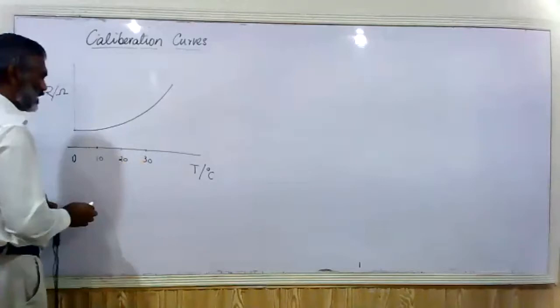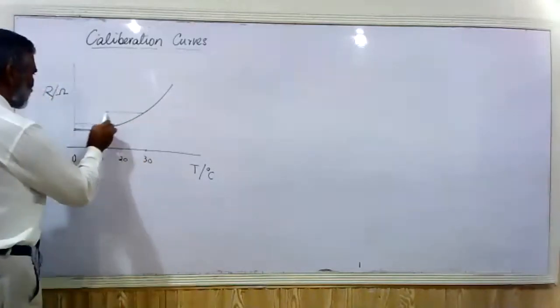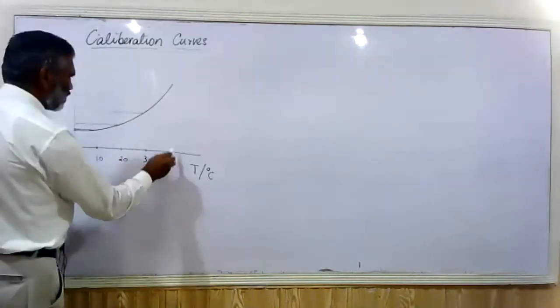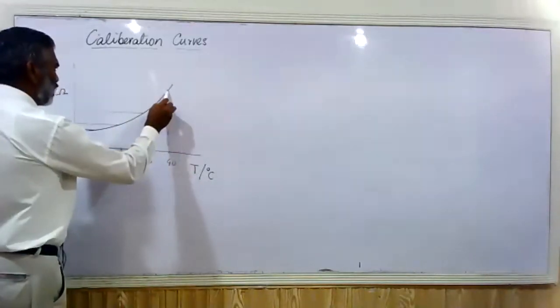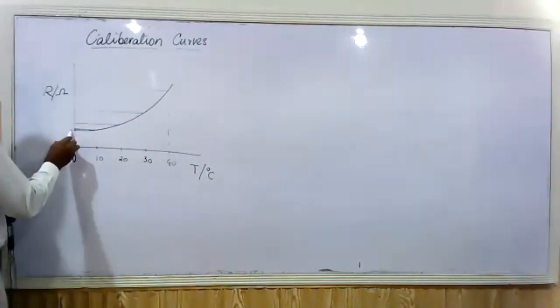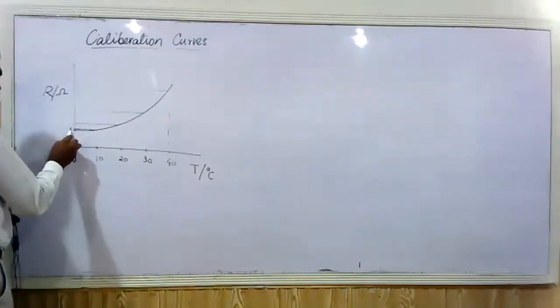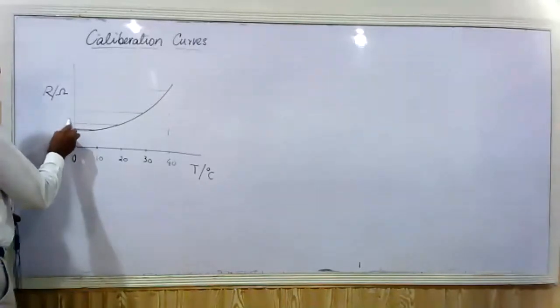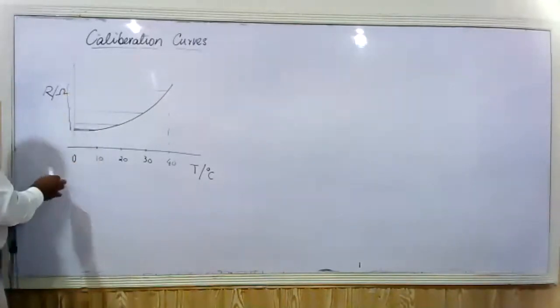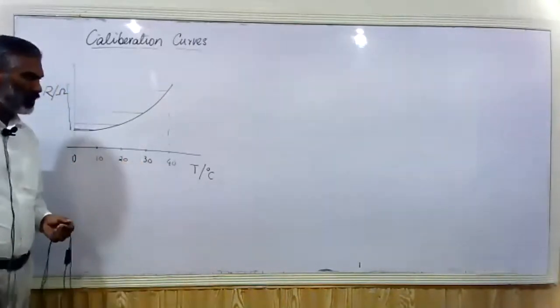In the next 10, there is a slightly larger increase. Then there is still bigger increase, and so on. So the size of increase is becoming bigger and bigger in the same intervals of change in temperature.